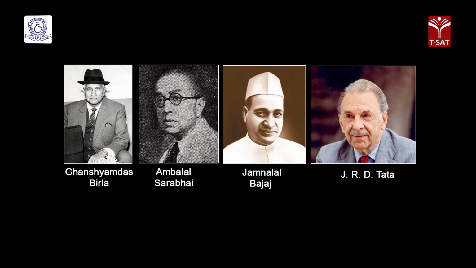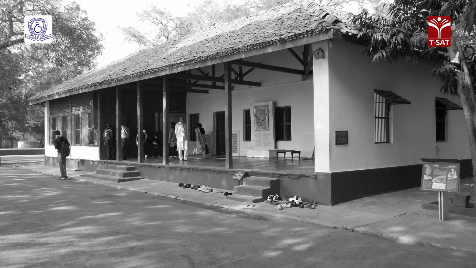Some of Gandhiji's closest supporters and admirers included industrialists such as J.R.D. Tata, who adopted several of Gandhiji's progressive ideas in managing labor relations while also personally participating in Gandhiji's ashrams and socio-political work.